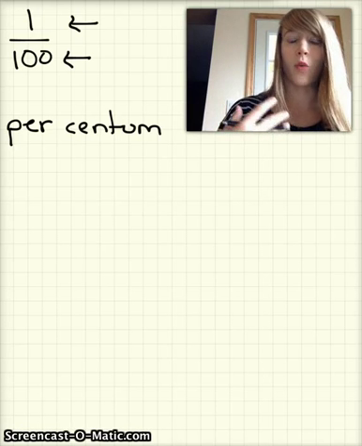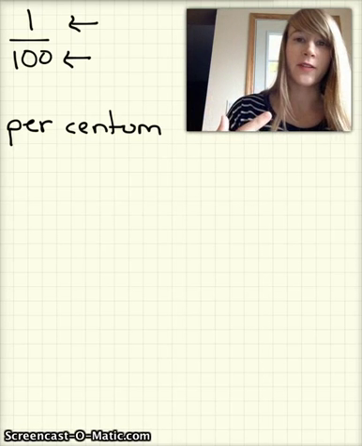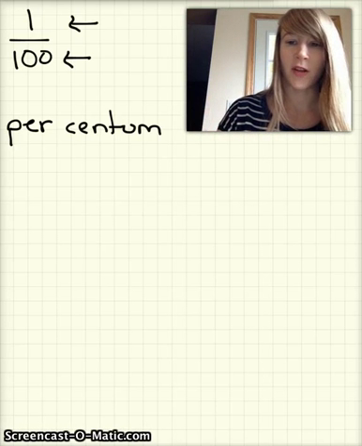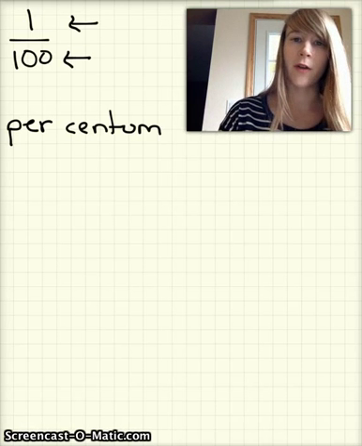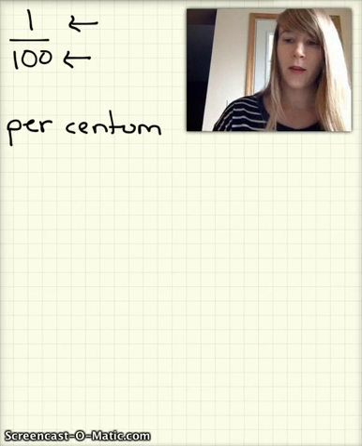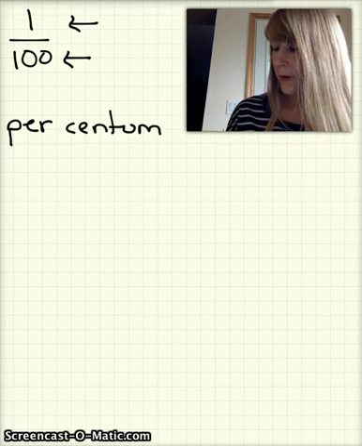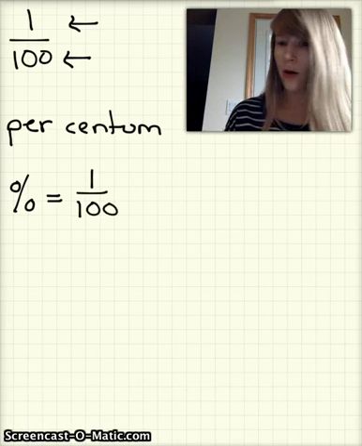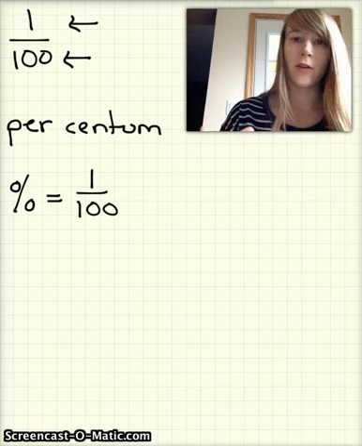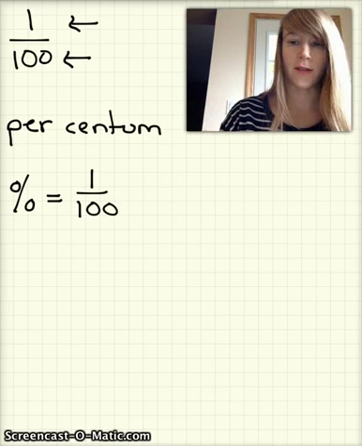Now, even though we may use 100% or other percentages, we need to calculate these percentages back to regular numbers. You can think about the percent symbol as representing the fraction 1 over 100, and you can use this to do your conversions.